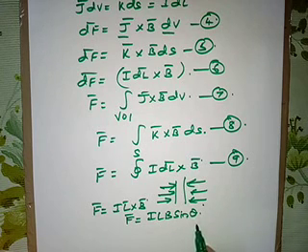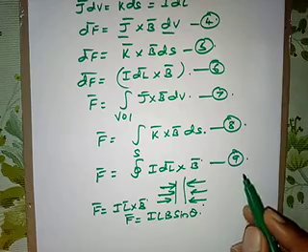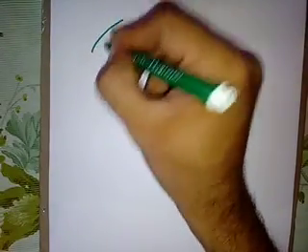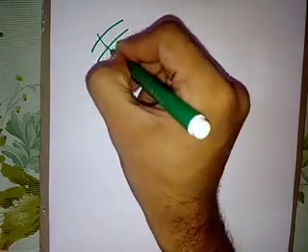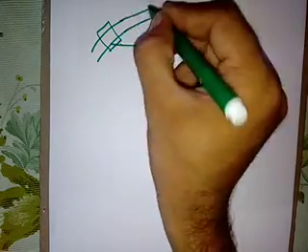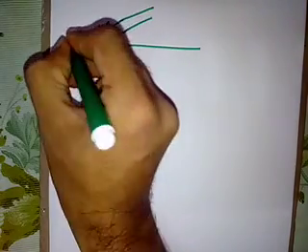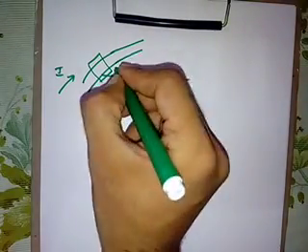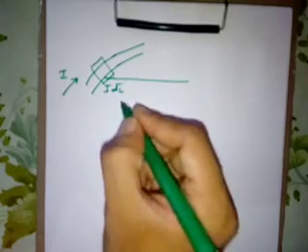This theta is the angle between the current element and the line joining the point. If we consider this as our current element, let us consider a point P. The current flowing through this current element is I. This is I dl bar.